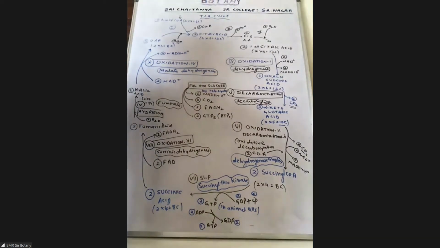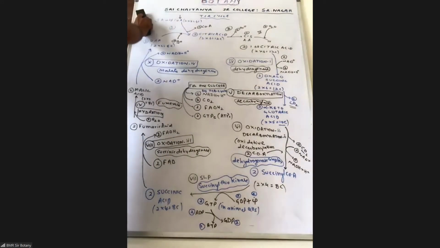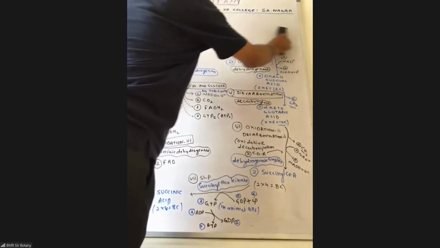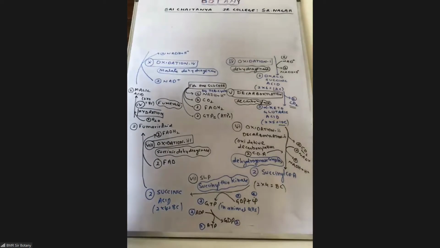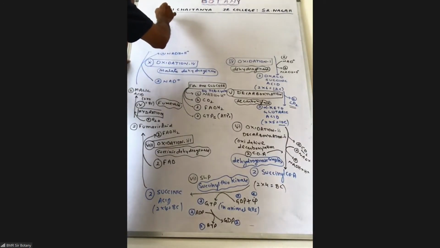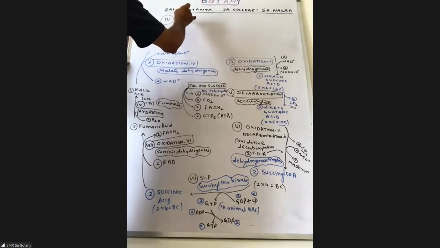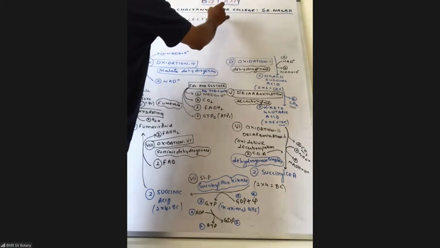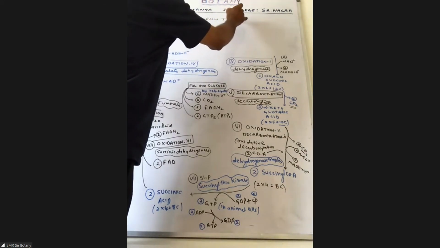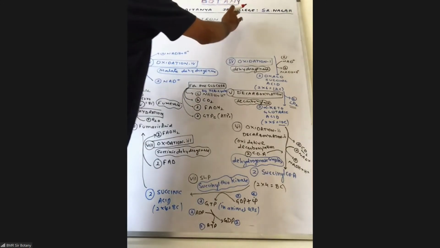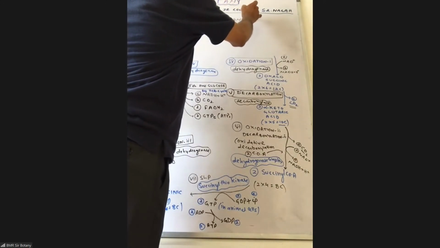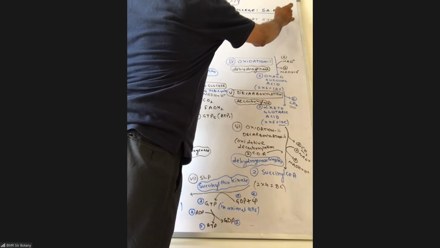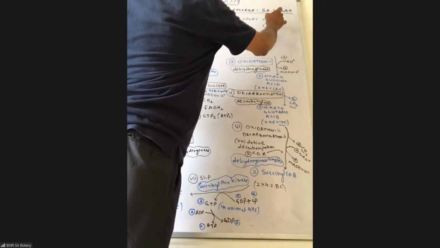So the final step of aerobic respiration, that is electron transport system, which is associated with oxidative phosphorylation. So the 4th step of aerobic respiration. What was it in short called?